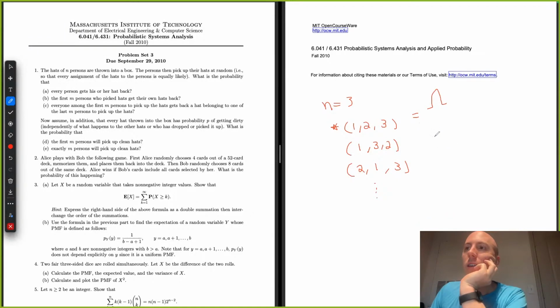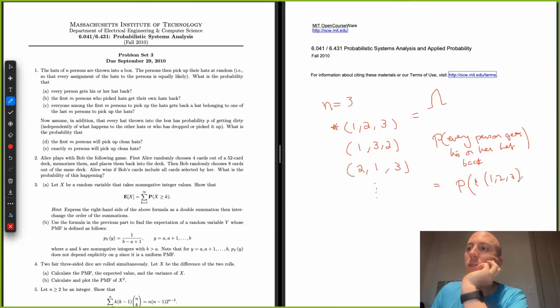So the probability that every person gets his or her hat back is really the probability that we get (1, 2, 3) in this case, over, well, the probability of omega.